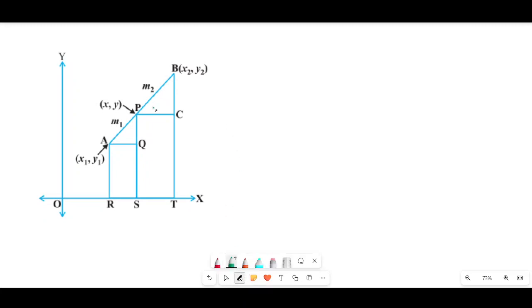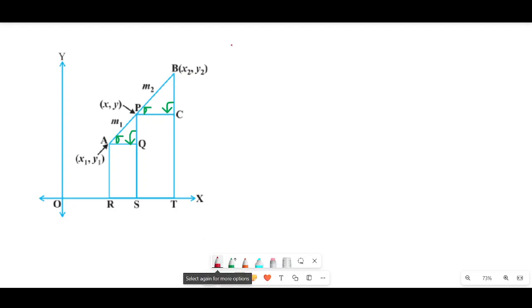Now, do you know this is a right angle triangle here? This angle is equal, and this angle, and this angle is the same.